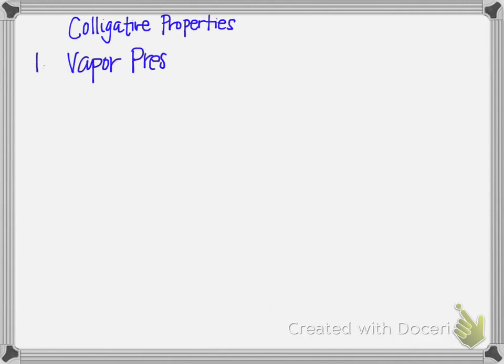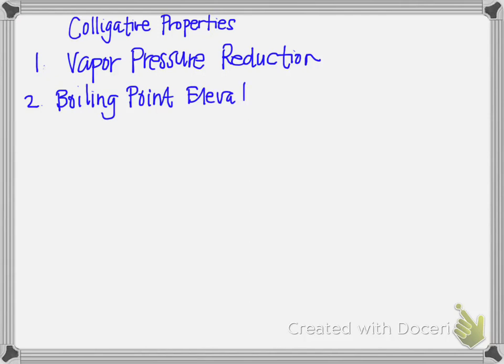This screencast is going to be about colligative properties of solutions. There are 4 colligative properties of solutions that we're going to discuss. One, vapor pressure reduction, but we've already discussed that in class, so I'm not going to discuss that on this screencast. I'm going to try to break the screencast up into 3 separate screencasts.